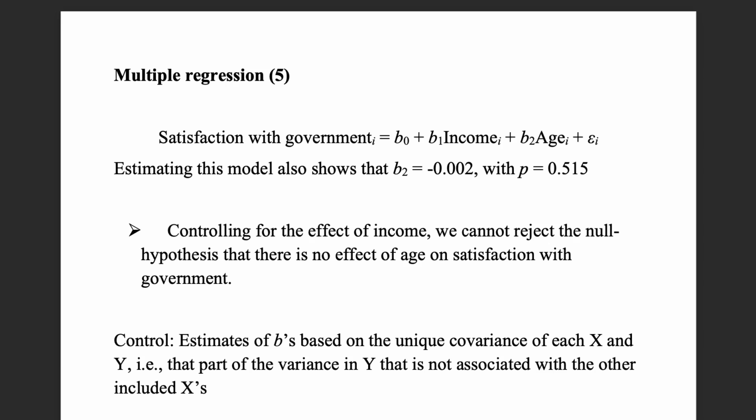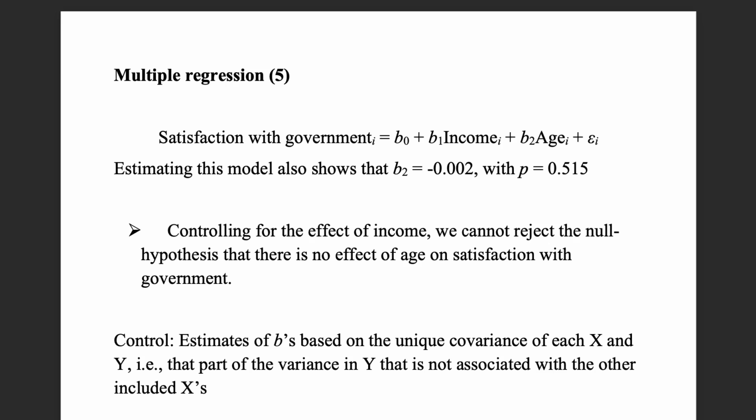Well, when you have multiple regression models, then the estimates of all our coefficients, of our B coefficients, are based on the unique covariance of X and Y. So that part of the variance in our dependent variable that is not associated with the other independent variables, X variables, that we included in our model. So if we come back to our example, this B1 coefficient for income, what is it based on? It is based on the covariance of income and satisfaction with government that is completely unrelated to the variance in age.